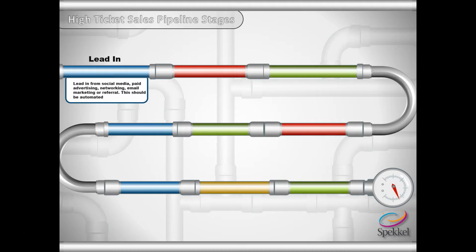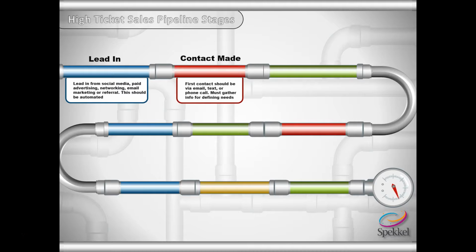Whatever that process is, getting a lead in should be fairly automated. In other words, unless you're meeting someone at a networking meeting, all these other elements of getting leads into your pipeline should be an automated process.